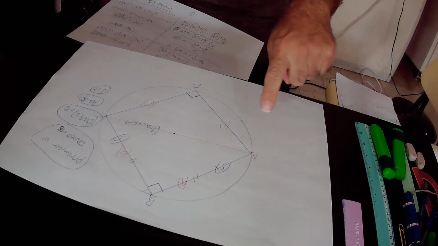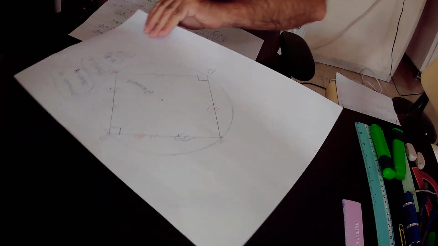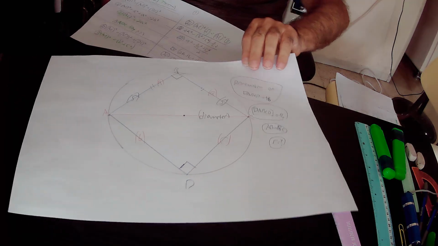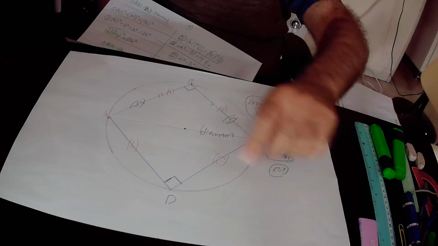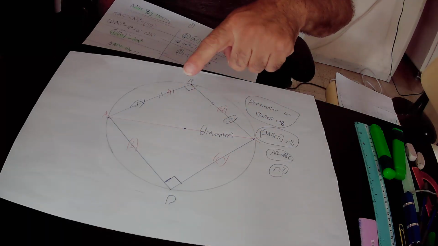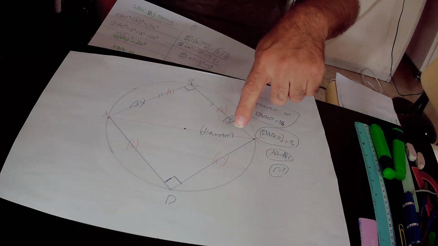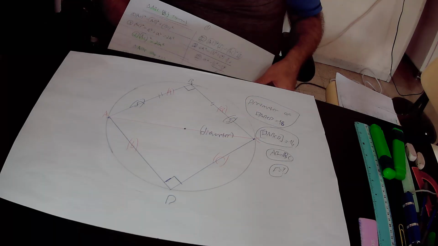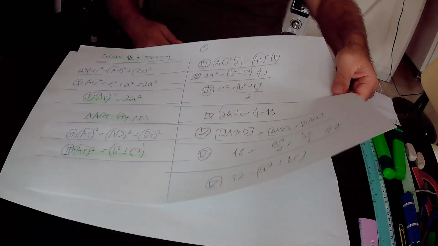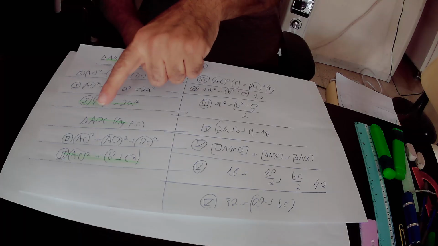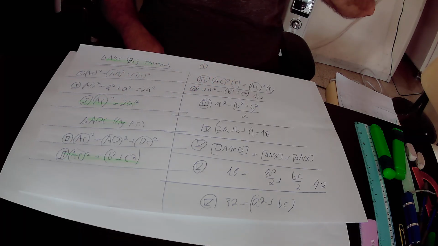AC is the missing side, so leave it as it is. And it equals AD square. AD is B, therefore AD square is B square, plus CD square. CD is C, therefore CD square is C square. So in total, according to equation 2, AC square equals B square plus C square.